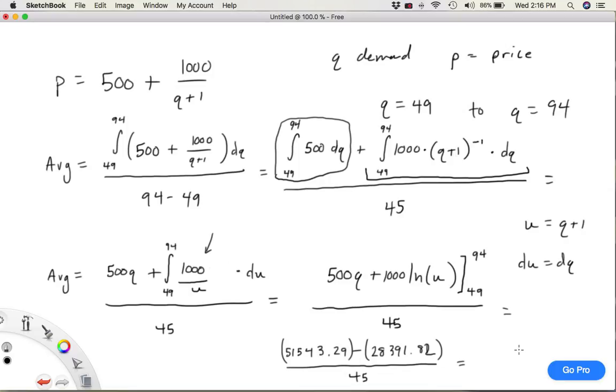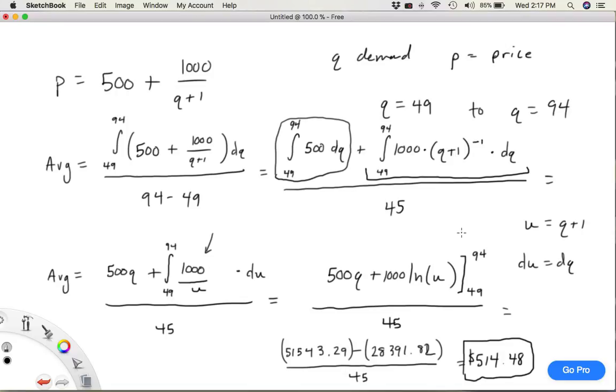So we subtract those two and divide by 45. And that should be 514.48. Again, this is a price, so I think it should be in dollars. And there's your answer.